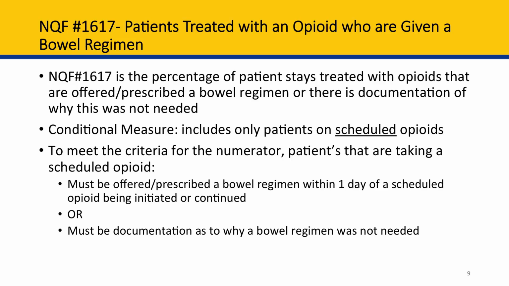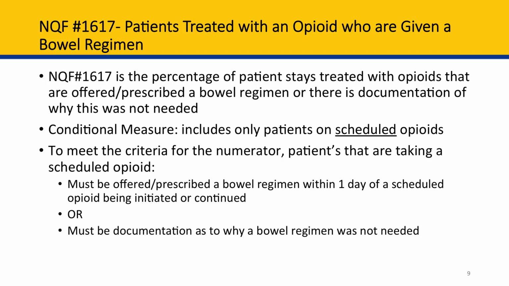If the patient is not on a scheduled opioid, they are excluded from the denominator. These patients are considered neutral from a QM calculation standpoint. For patients not on a scheduled opioid, whether you initiate a bowel regimen is irrelevant for quality measure calculation purposes.